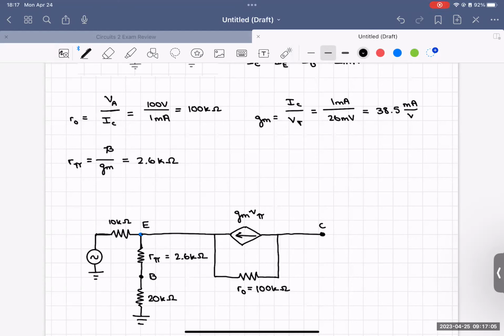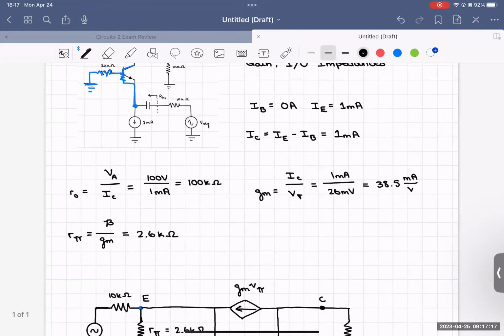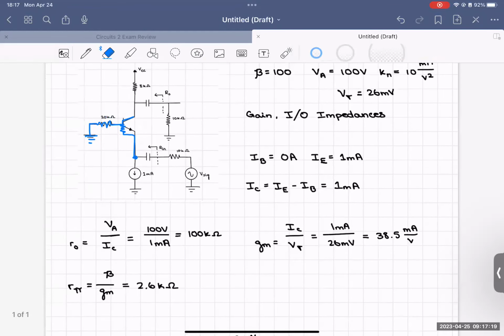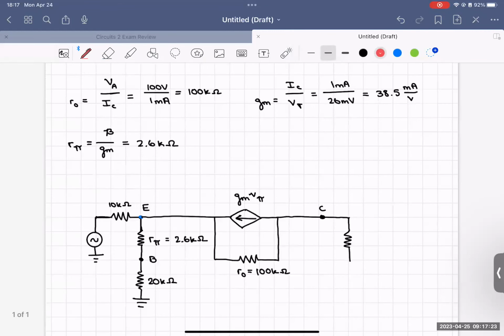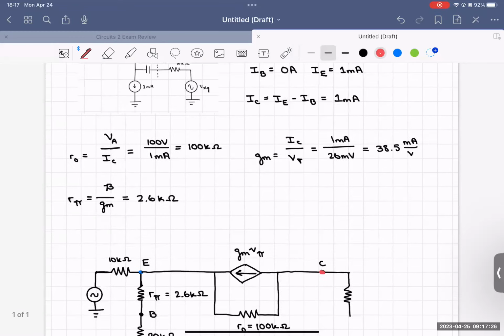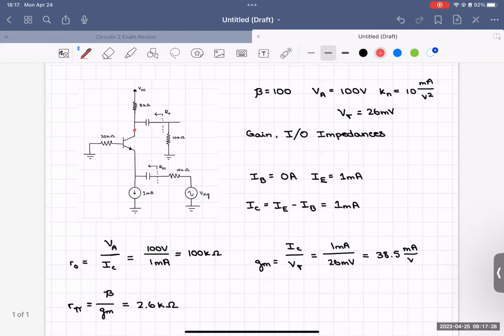And then now we can go out to our collector. So going out to our collector, we have a resistance down here. I'm going to draw that. So we have a resistance there where we're looking back up at this. So we're not on the blue anymore. I'm going to do this in red. So the C will be here. So going up the C, we have that 8K.